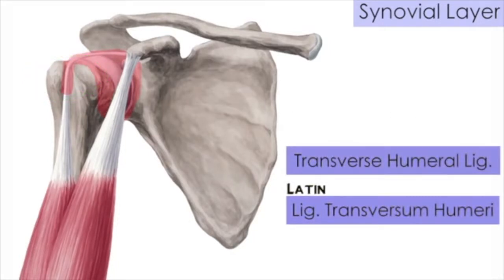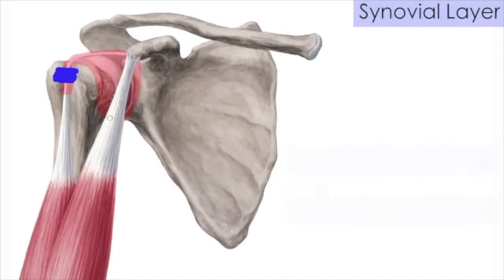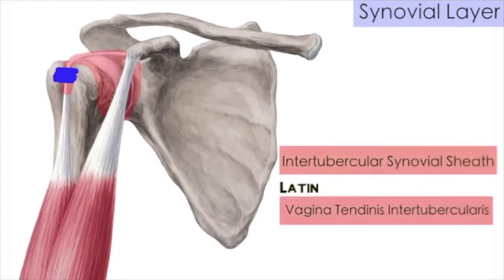We're going to talk about this ligament later on, but I can show you and draw that it's connecting the two tuberosities. This is where you should find the transverse humeral ligament. Now, this extension of the synovial layer surrounding this tendon is what we call the synovial sheath of the intertubercular groove, or sulcus.